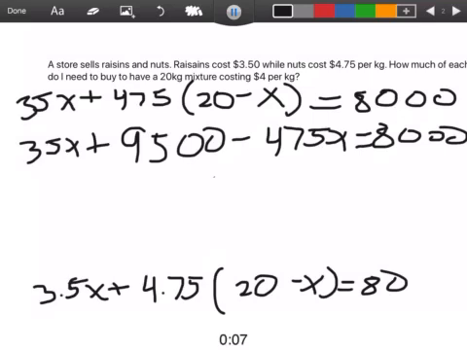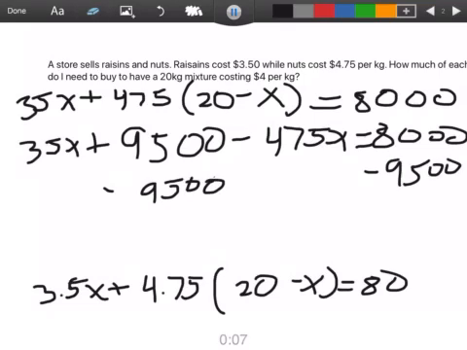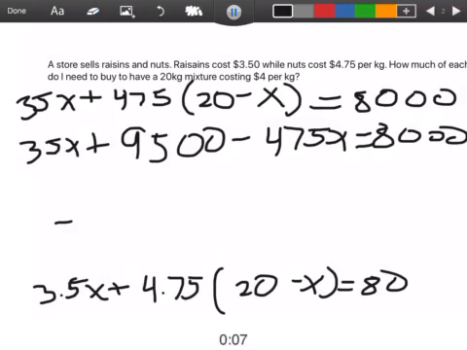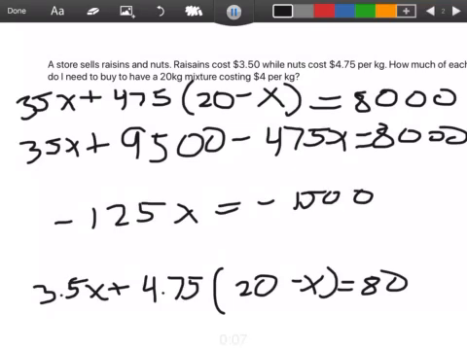Now if we combine like terms and subtract 9,500, our equation would be negative 440x equals negative 1,500. Dividing both sides by negative 1, we get 125x equals 1,500.